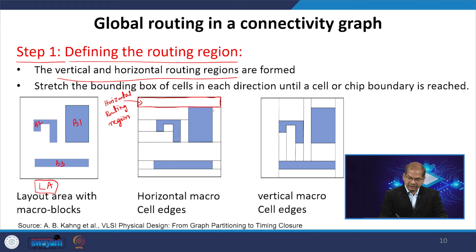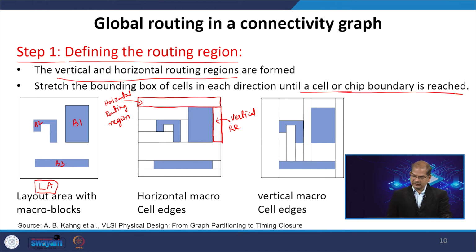Now this one is a vertical routing region, and this one is also a vertical routing region. The second step is to trace the bounding box of the cell, cell meaning the blocks, in each direction until a cell or a chip boundary is reached.